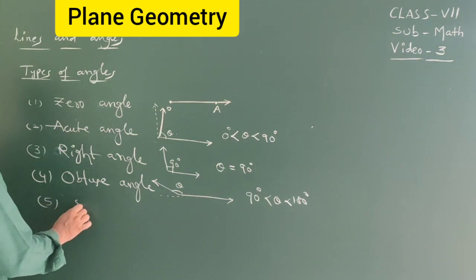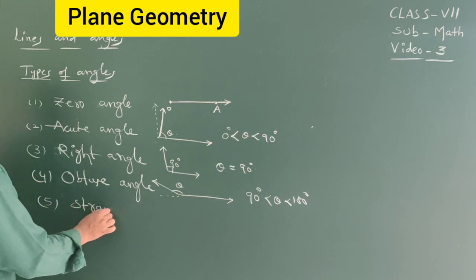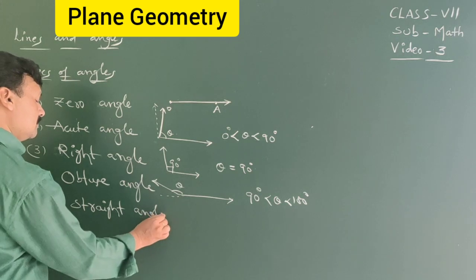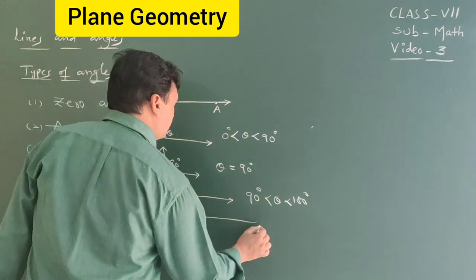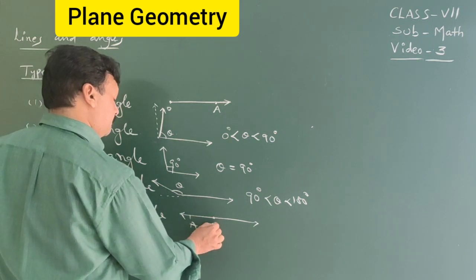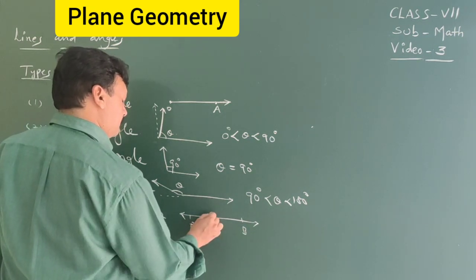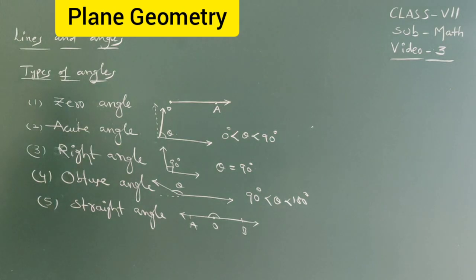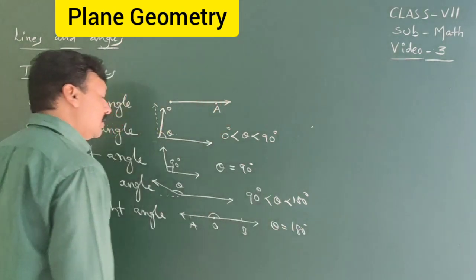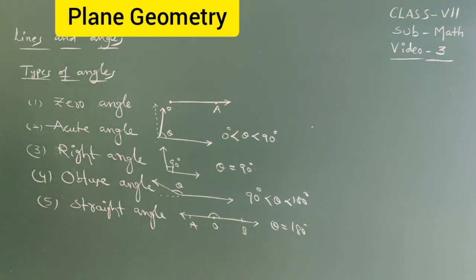Next, straight angle. Straight angle. An angle that measures exactly 180 degrees is called a straight angle.